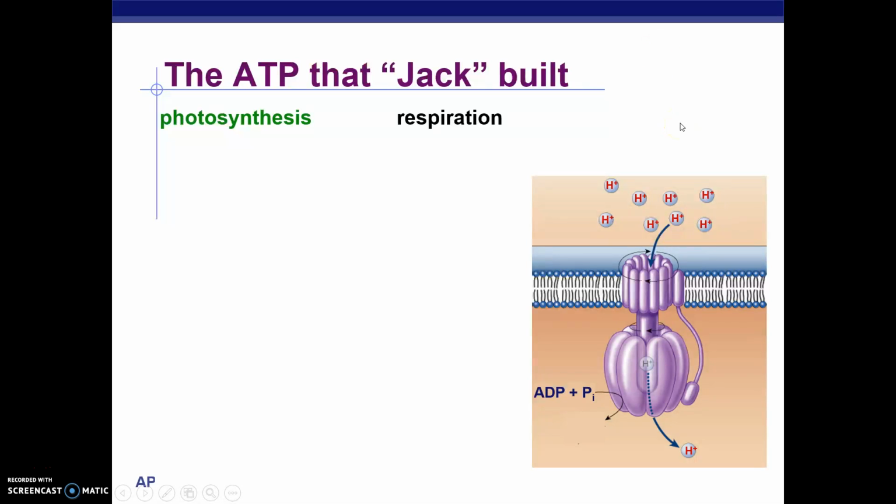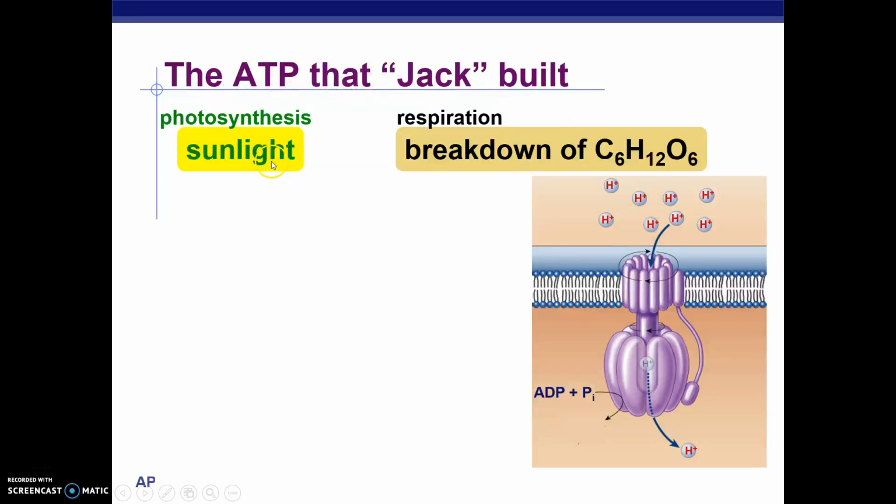We see a lot of similarities in both the processes. In case of photosynthesis, the energy source is the sunlight. In case of respiration, it is breaking down of glucose. Both the processes will move electrons, and those are moved using electron carriers. In case of photosynthesis, it's NADPH.